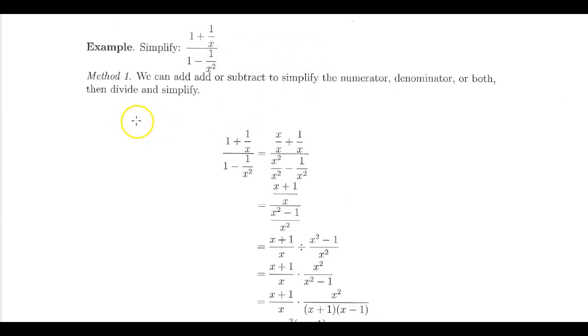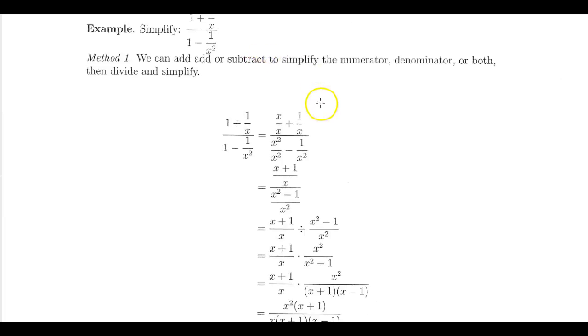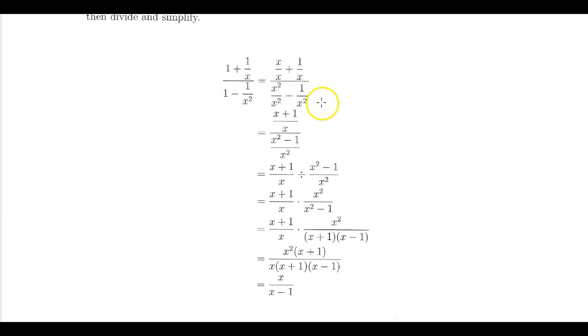One way to look at this is to simplify the numerator by adding these two expressions, simplify the denominator by doing this difference, and then do the division of the numerator by the denominator. This fraction bar means division. We're going to divide the numerator by the denominator. Just kind of looking ahead at this way of doing things.